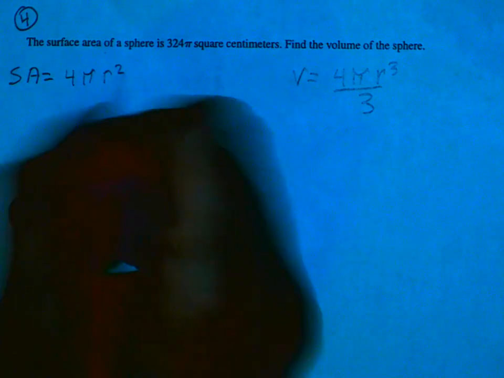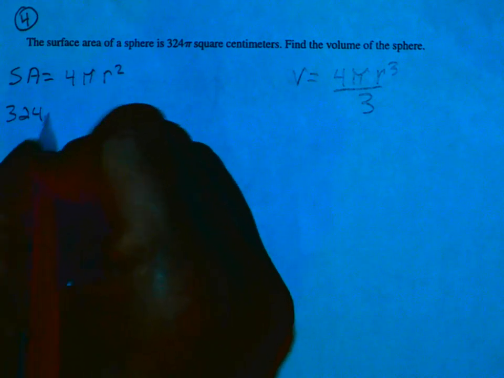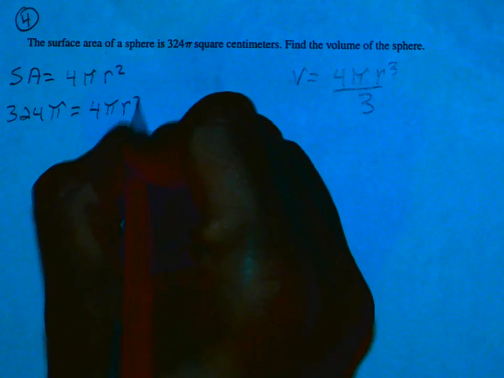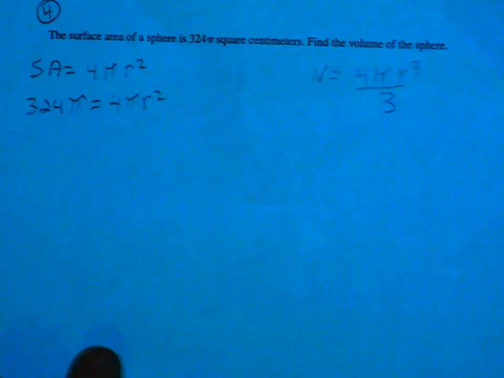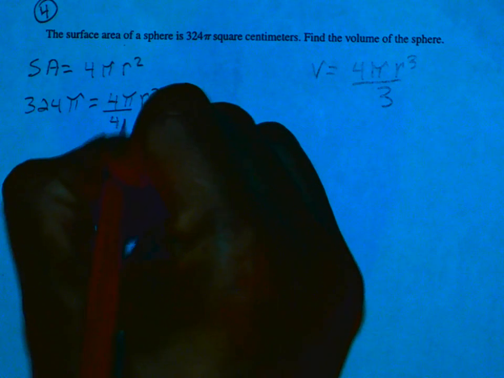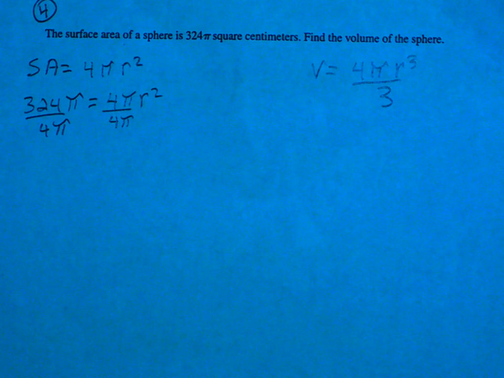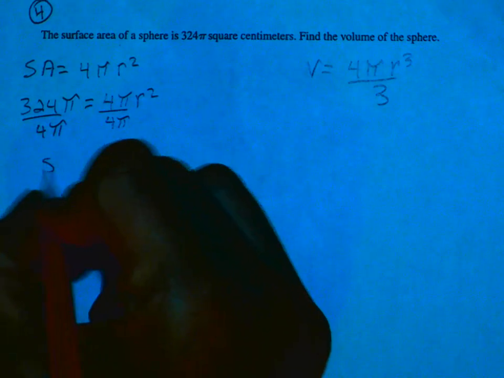So we have 324 pi equals 4 pi r squared. We're going to divide both sides by 4 pi. And 324 divided by 4 is 81, and the pi's divide out.